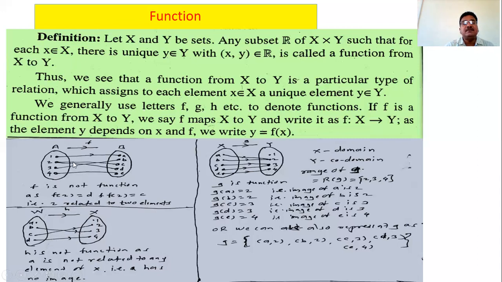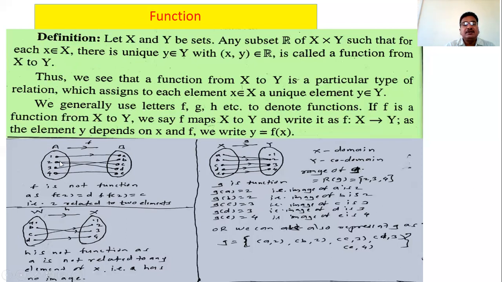In the relation F, the unique condition fails, and in the relation H, the each condition fails. But in this example G, both conditions, each and unique, are satisfied, and therefore G is a function, because each element of X is related to a unique element of Y.